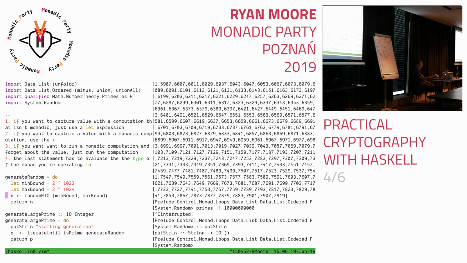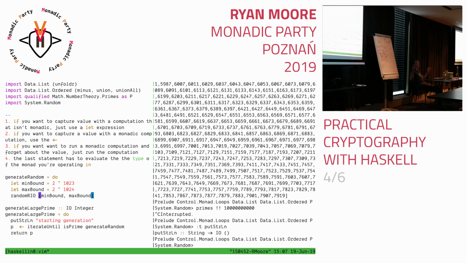In this case, the random RIO is going to run, and it itself already returns an IO monad. So all return does is lift a type into the monad of whatever context you're in.